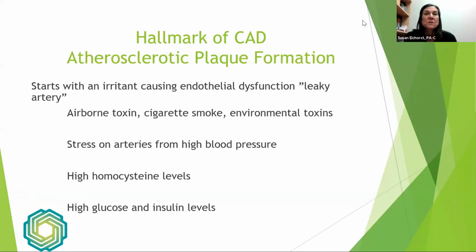So getting back to what's the hallmark of coronary artery disease, it's actually this atherosclerotic plaque formation. It starts with some kind of an irritant. Something's causing the endothelium, or the inside lining of the blood vessel, to be dysfunctional, and it starts to leak some proteins, some inflammatory components. What can do this? Airborne toxins, they're all around us, even in our homes.